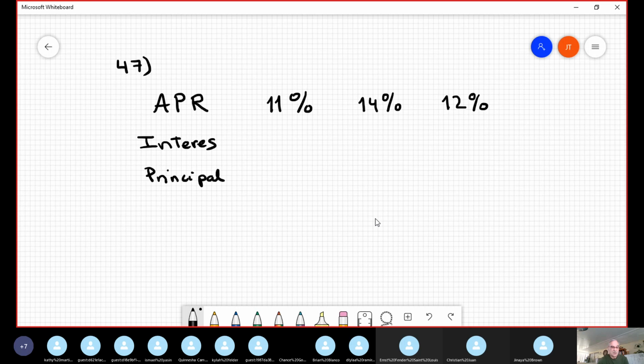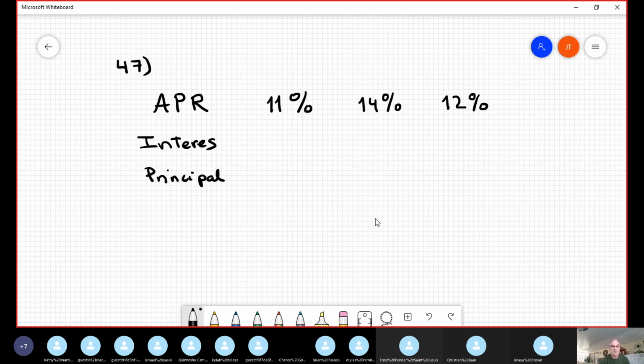Okay, so the problem says she has 10,000. Helen Weller invested 10,000 in an account that pays 11% APR. How much additional money must be invested in the account at 14% such that the total interest is equal to the interest?